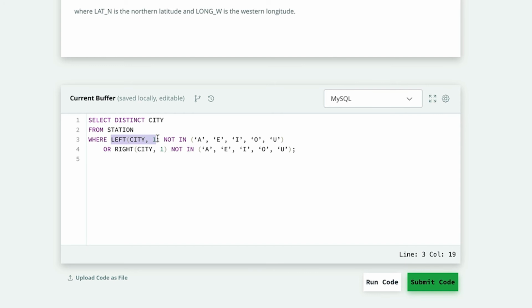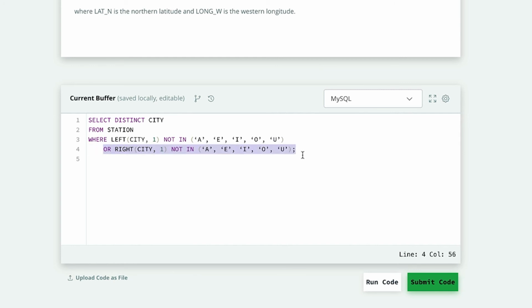To extract the first letter and the last letter, we will use the left and right functions respectively. In the previous videos, we learned about the left and right functions. So in the last line, we will write where left(city, 1) not in ('A','E','I','O','U') or right(city, 1) not in ('A','E','I','O','U').